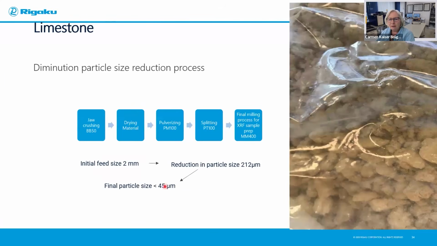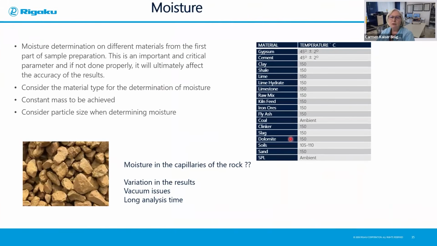So here we can see a nice example of how we receive a sample in a laboratory. So very often we have large and small particles with moisture in between. So it's really important to dry our sample and to reduce the sample in the proper way. So this gives the flow diagram of what needs to happen with the sample, which I will show you in the next few slides. So important is to dry the sample.